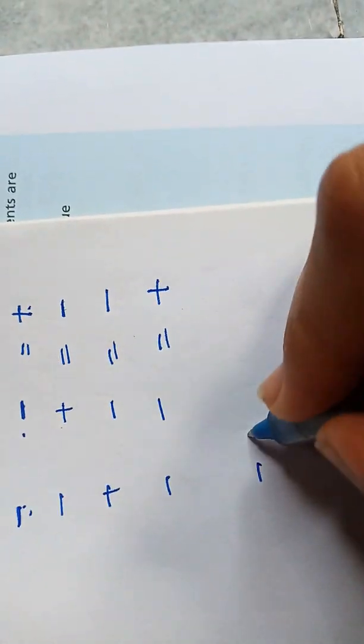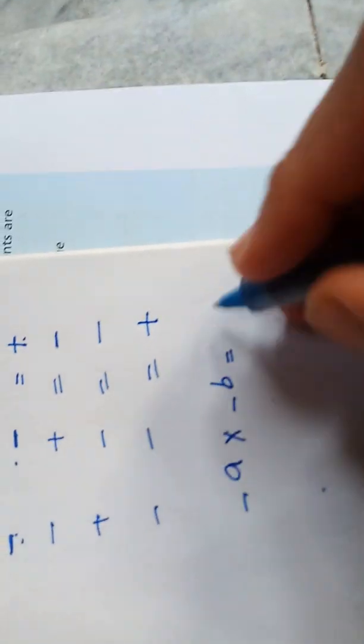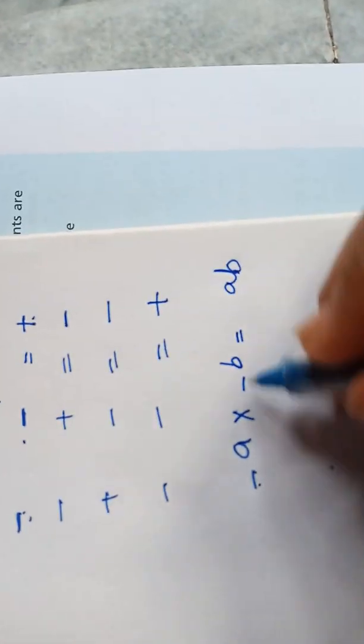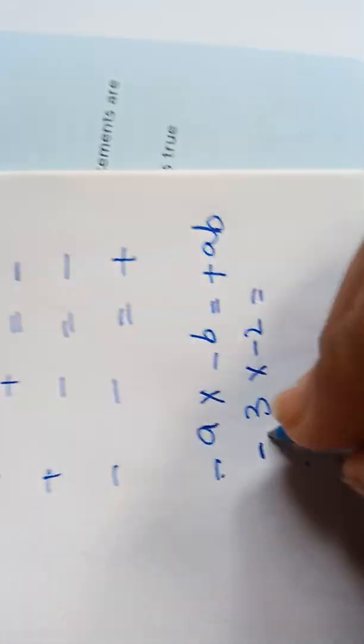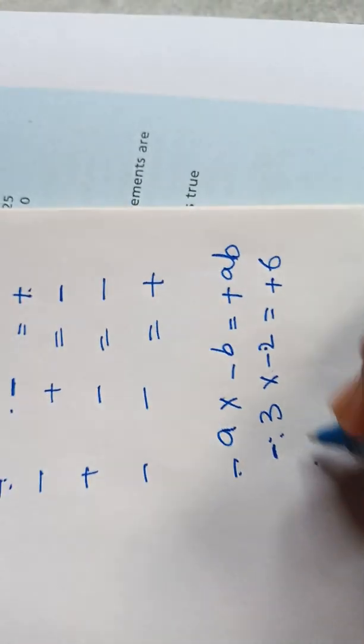If we multiply minus a with minus b, a multiplied by b will become ab, so minus minus plus. If we multiply minus 3 by minus 2, 3 2s are 6, minus minus plus.